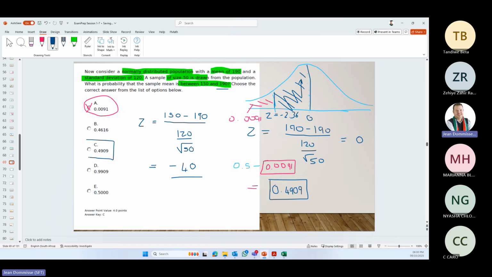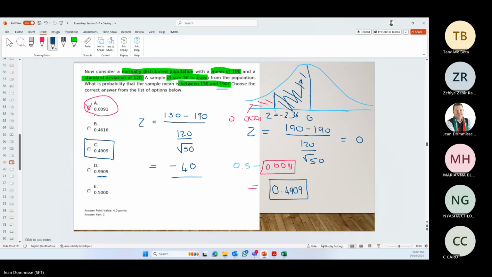which is option C. So you can see if we add 0.5 plus 0.4909, there is an answer. Again, I don't know how that would have been calculated, but if you don't do it fully, there might be some answers for you.